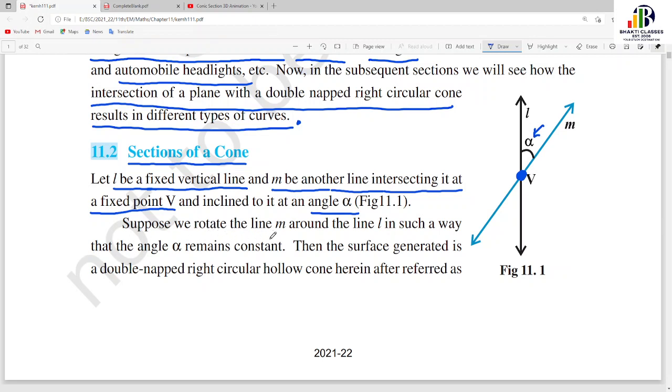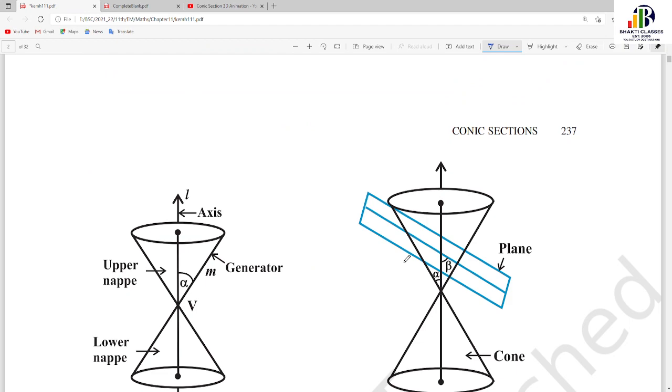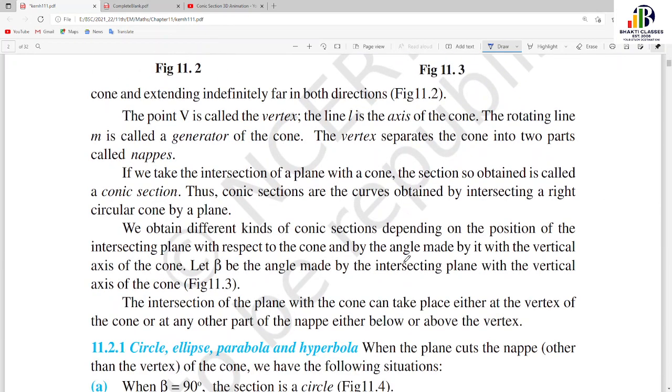Suppose we rotate the line M around the line L in such a way that the angle alpha remains constant, then the surface generated is known as a double napped right circular hollow cone, hereinafter referred to as a right circular cone, extending indefinitely far in both directions.